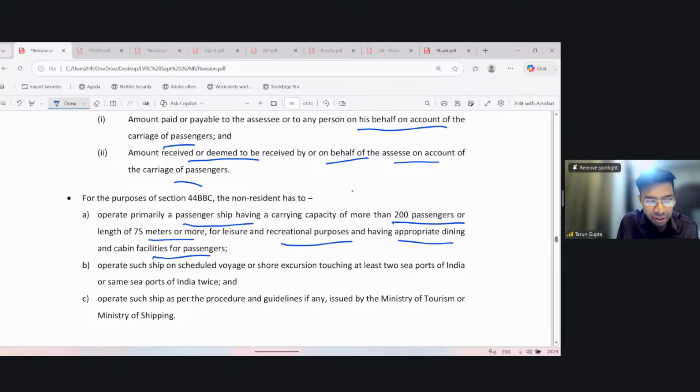The non-resident has to operate such ship on a scheduled voyage or short excursion touching at least 2 seaports of India or the same seaport of India twice, and operate such ship as per the procedure and guidelines, if any, issued by the Ministry of Tourism or Ministry of Shipping as the case may be.